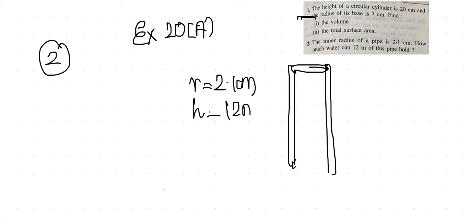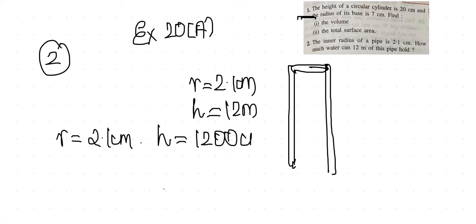Okay, so you can do this very easily, children. The only thing that you have to do here is mind the units. Either you have to find the answer in meter or you have to find the answer in centimeter. So for that, if r is equal to 2.1 centimeter, you can write that height will be equal to 1200 centimeter.